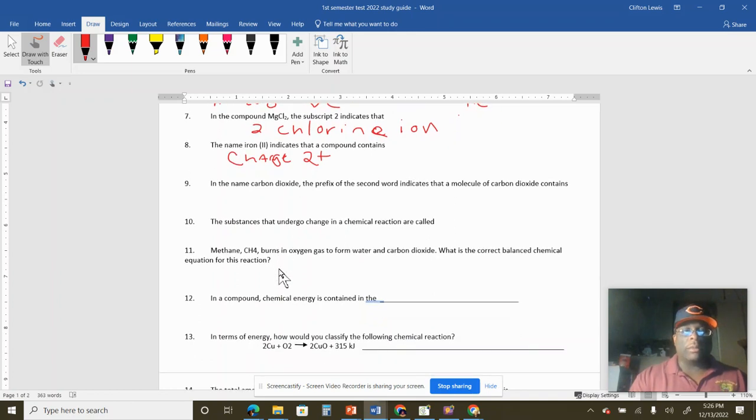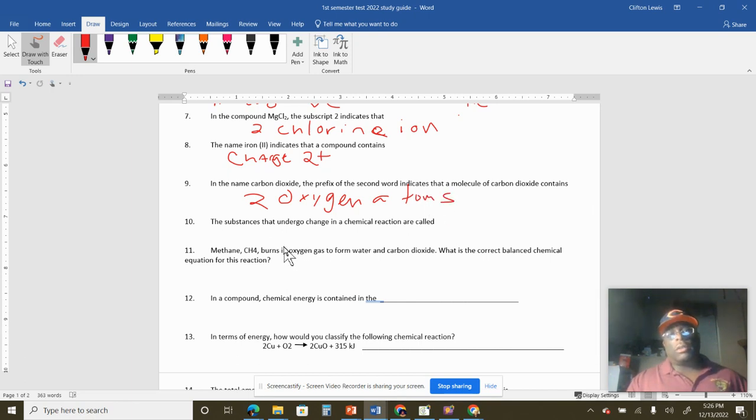Number 9, in the name carbon dioxide, the prefix of the second word indicates that the molecule of carbon dioxide contains two oxygens, or two oxygen atoms. All right, now 10.